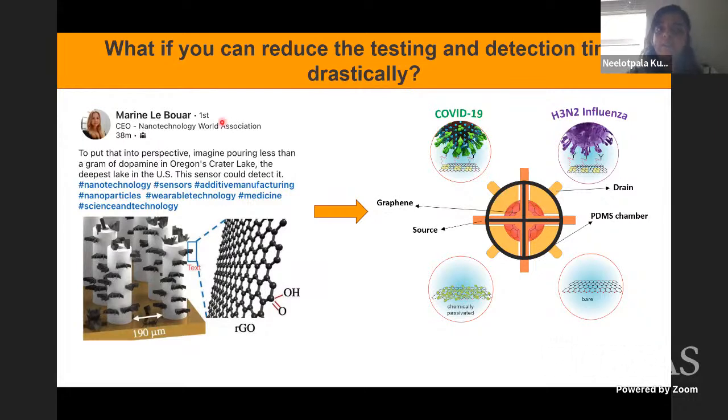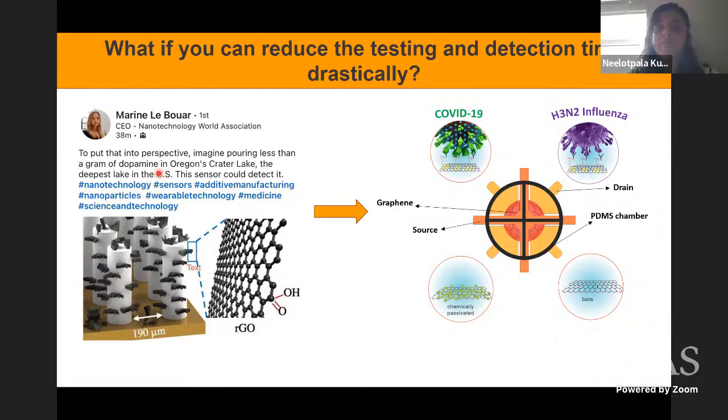So, as Marine Lebois put it in one of her LinkedIn posts, she was highlighting another sensor. But to put it in perspective, what if we have a sensor which is sensitive enough to have a femtomolar detection limit?